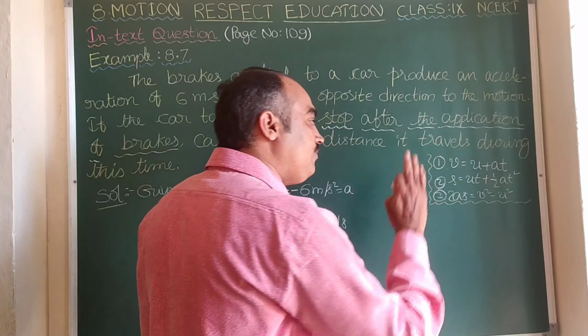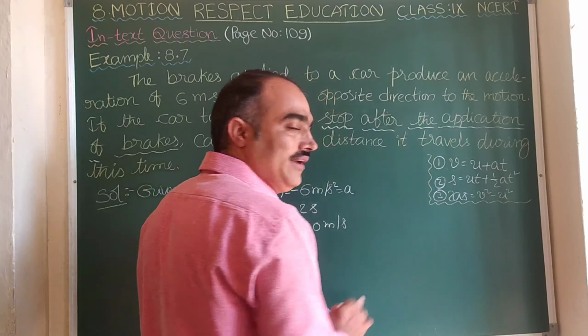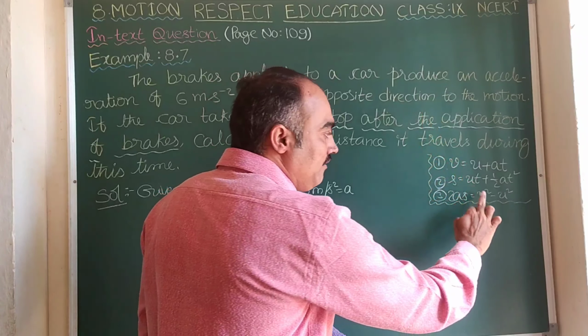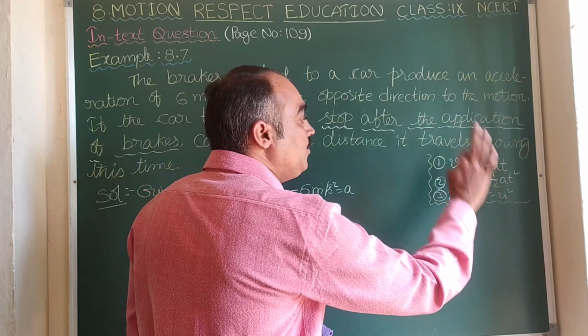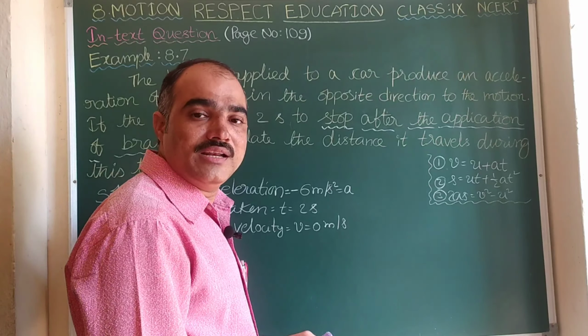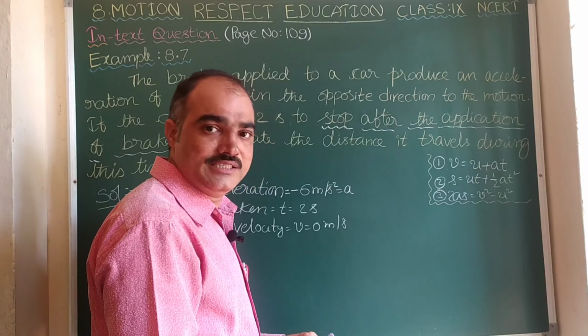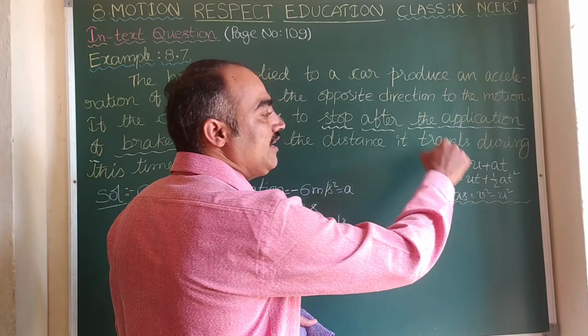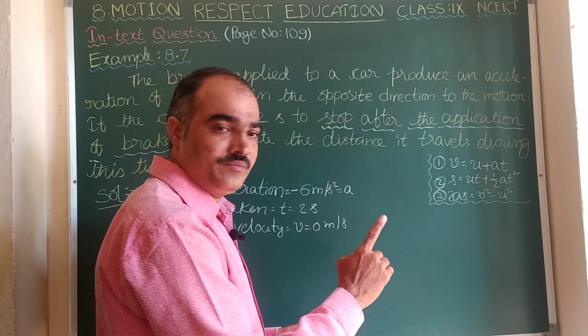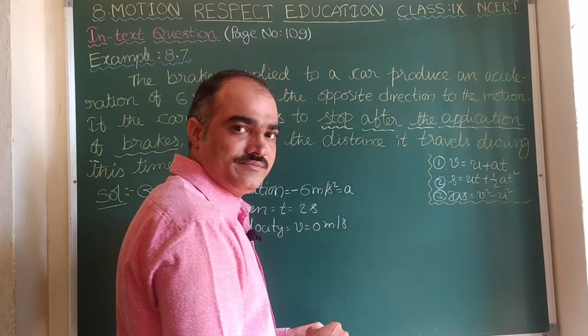If we take the third formula, a is given, v square is 0 square, and u is again not given. That means before finding the distance we need to find the initial velocity u also. Without u we cannot find the distance s.